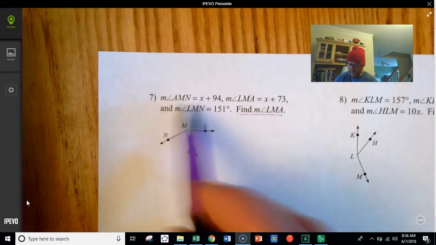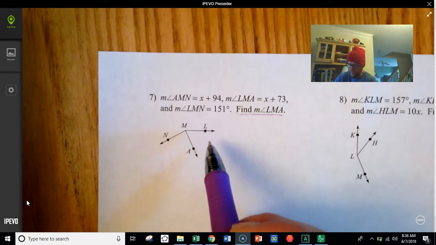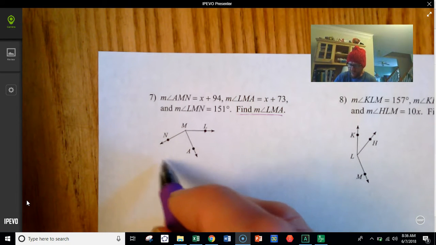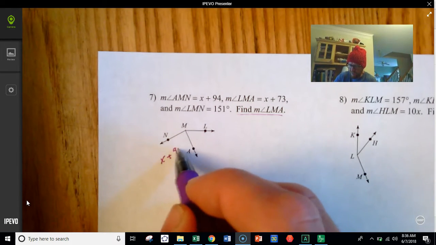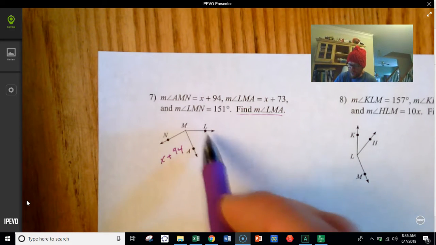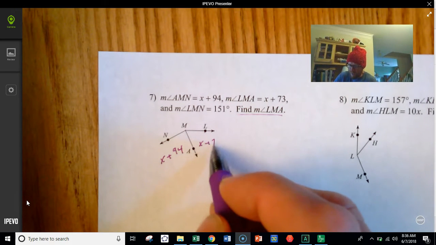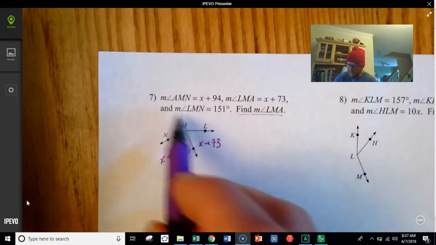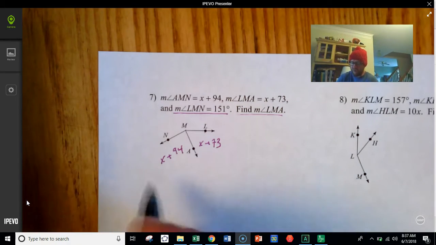Let's see, we know that AMN is x plus 94, and that LMA is x plus 73, and the big angle is 151 degrees.